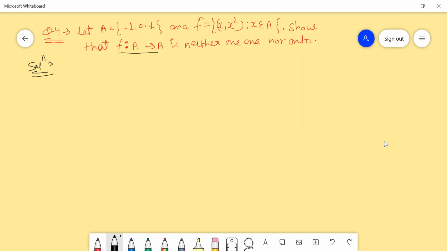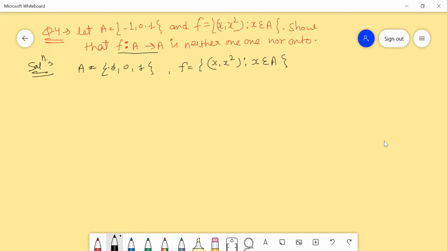Firstly, in the question we are given set A, which is -1, 0 and 1, and the function is given as a set of (x, x square), such that x belongs to A, okay.